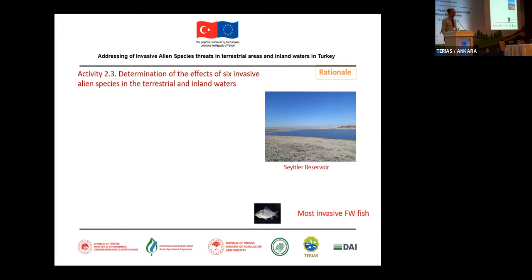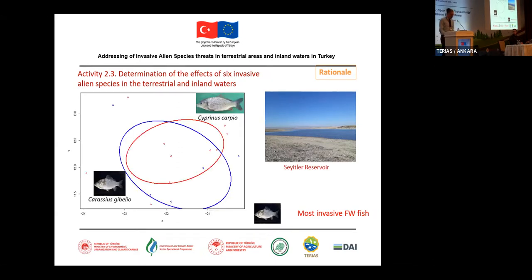It's a reservoir, and reservoirs are quite common in Turkey. This is one of them, and it was designated when we started this project, so we had to work on this reservoir, and also on the species.